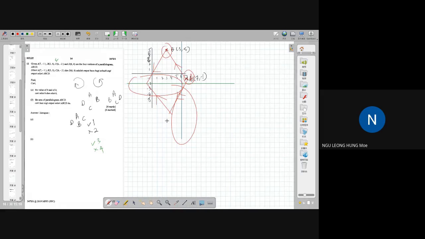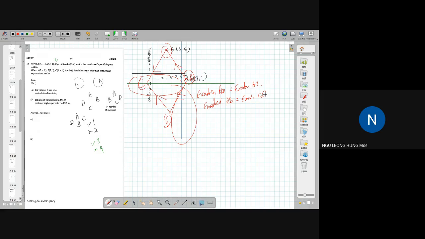So C is here, D is here. You can choose: gradient of AD is equal to gradient of BC, or gradient of AB will be equal to gradient of CD, right?